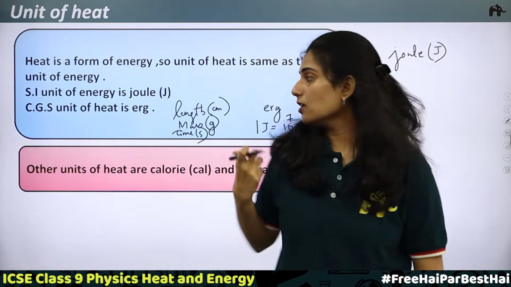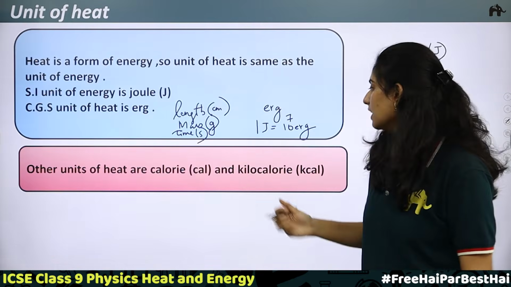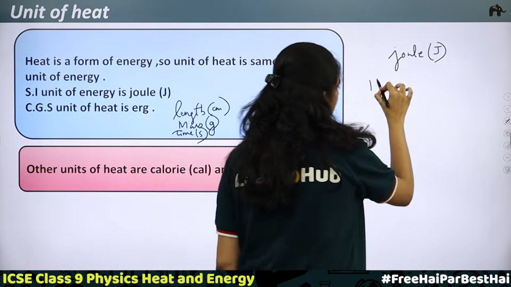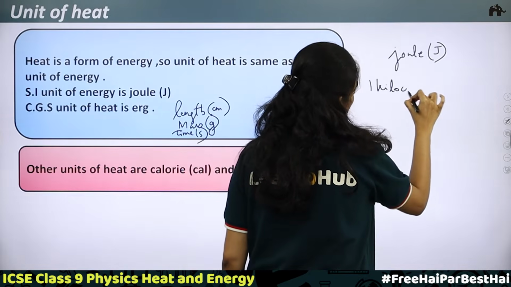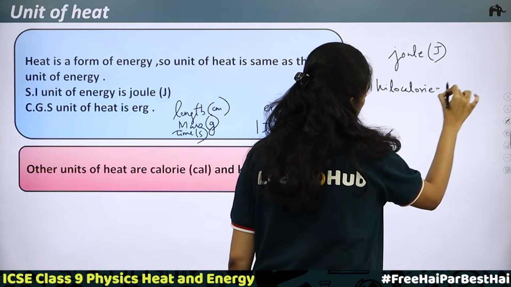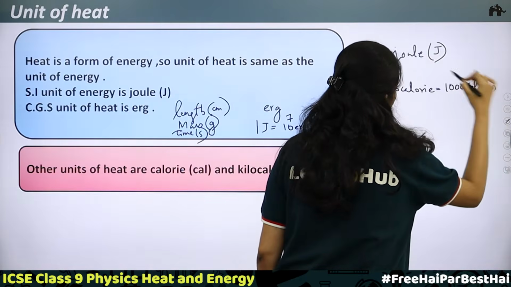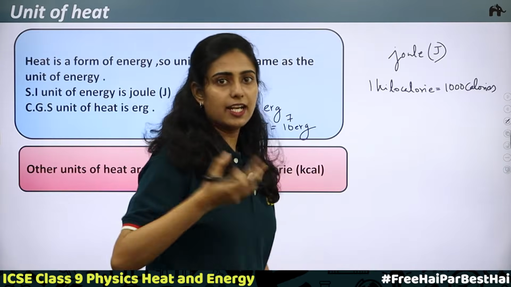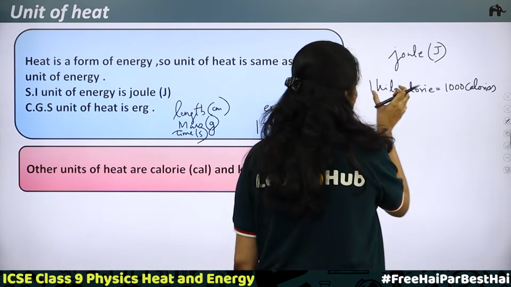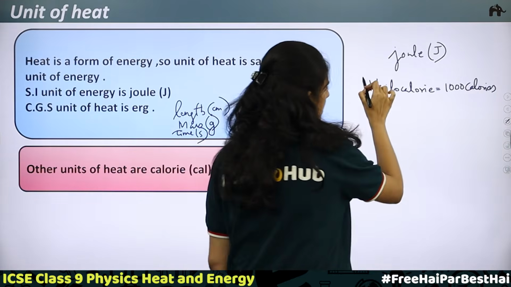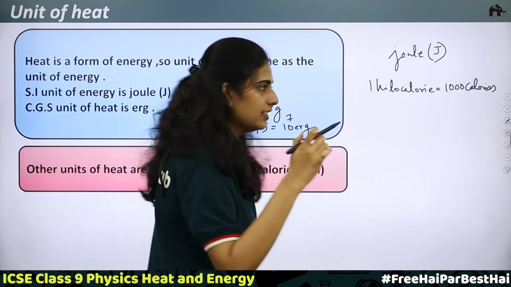There are other common units: calorie and kilocalorie. What is 1 kilocalorie? 1 kilocalorie will be equal to 1000 calories. We know kilo means 10 raised to 3. So 1 kilocalorie is equal to 1000 calories. This is the relation between kilocalorie and calorie.